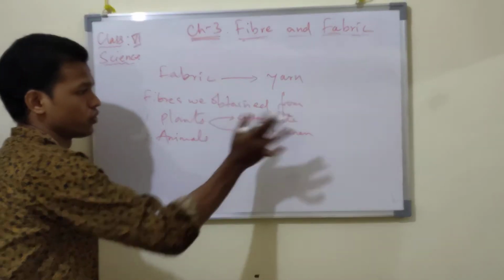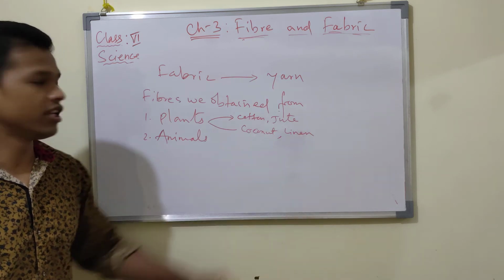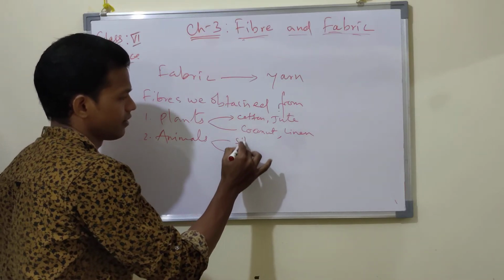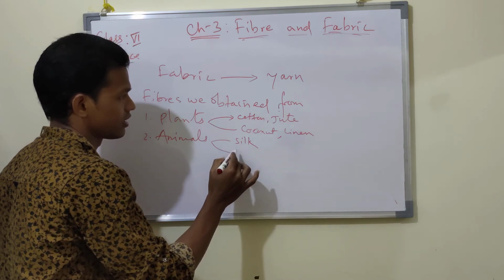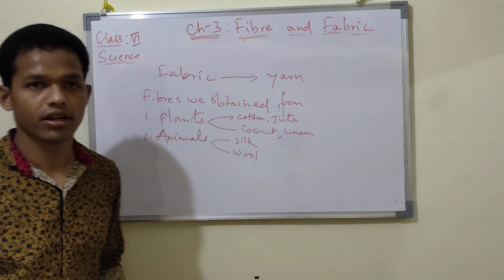There are many. Cotton, jute, remember these two. From plants we will get cotton, jute, coconut or linen. From animals what we will get? From animals we will get silk and wool.